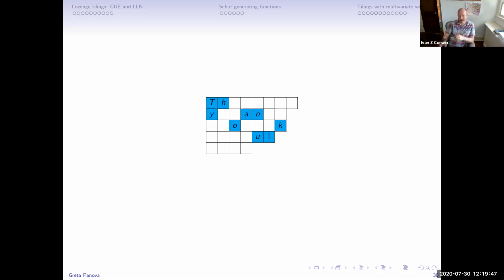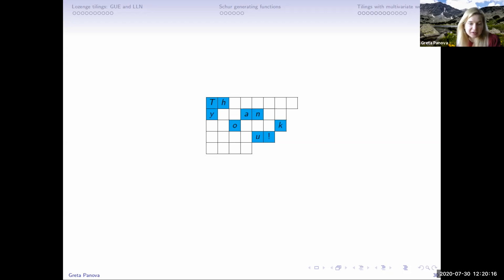Greta, the last stuff you were just talking about, the asymptotics of skew Schur polynomials, have people used this to interrogate the limit shapes or large deviations of limit shapes of tiling models? This is something I wanted to do, but we still don't have good asymptotic formulas for skew Schur functions.